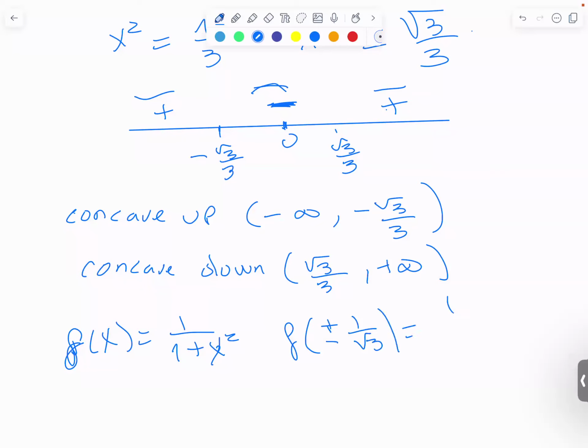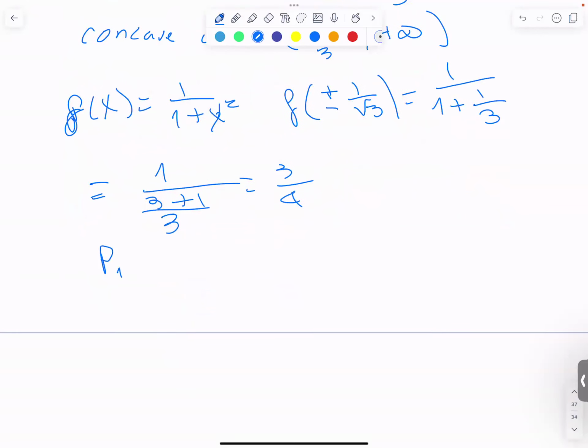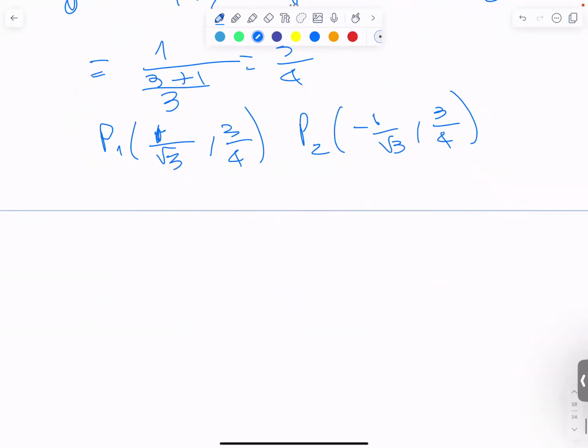Then I get 1 over 1 plus 1/3, which is 1 over 4/3, which is 3/4. So the inflection points are 1 over the square root of 3, comma 3/4, and negative 1 over the square root of 3, comma 3/4. And now we have the graph.